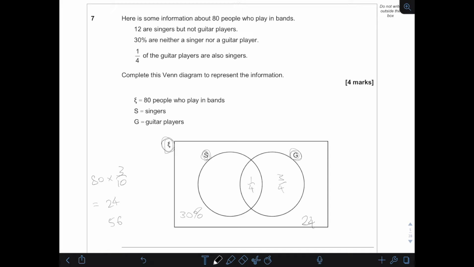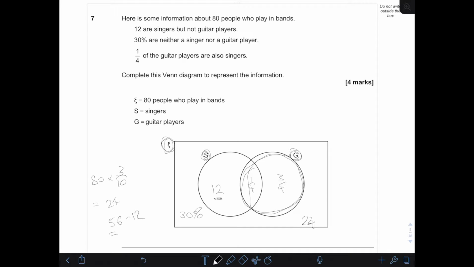There are 12 singers that are not guitar players, which means that they have actually given us a number in this slot. So within the guitarist circle, which is the one on the right, we know that it is 56 minus 12, because 12 of them are already outside of that right-hand circle.